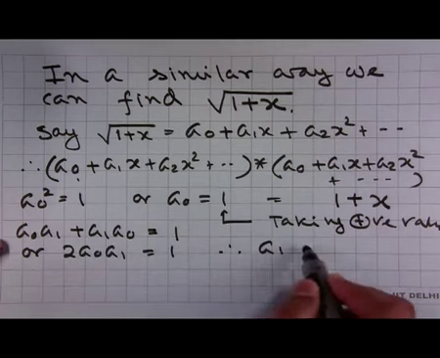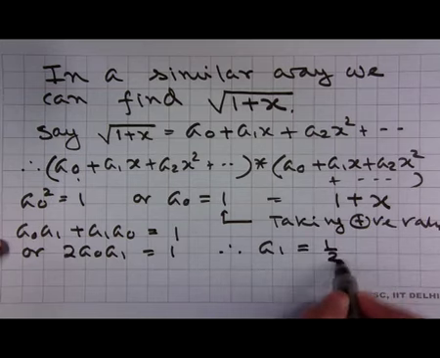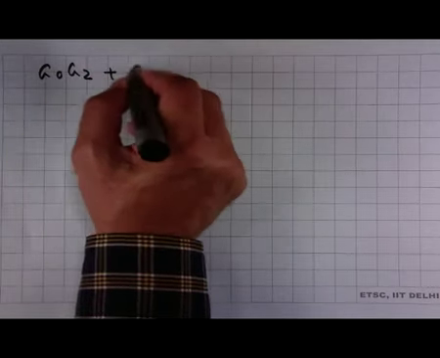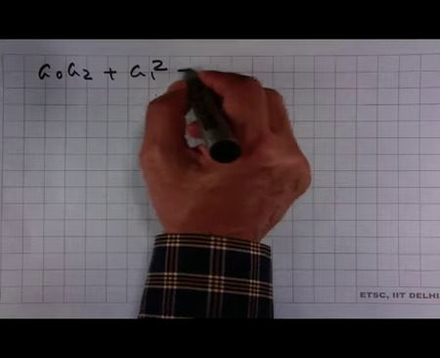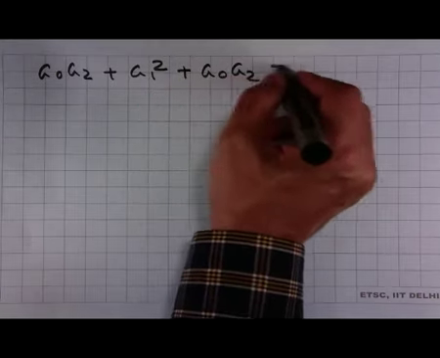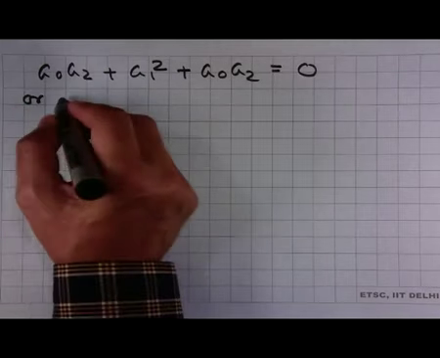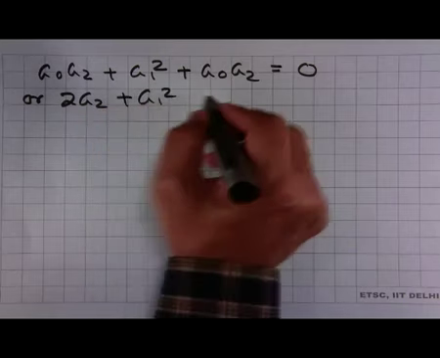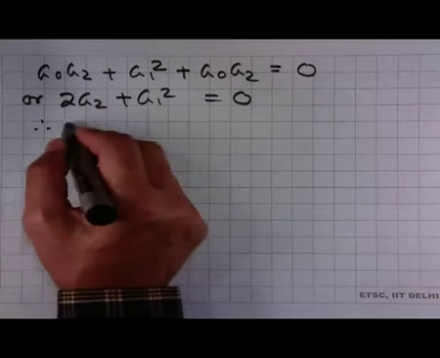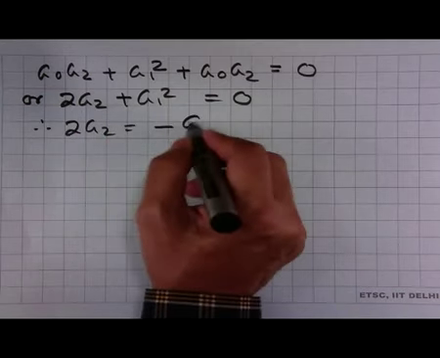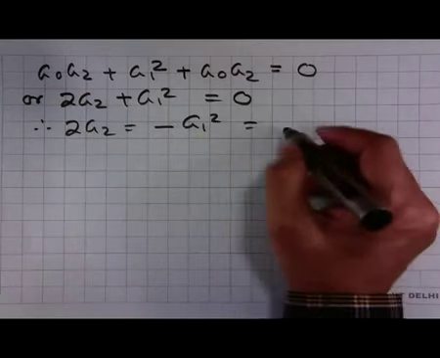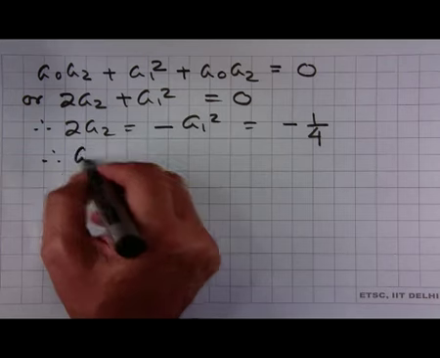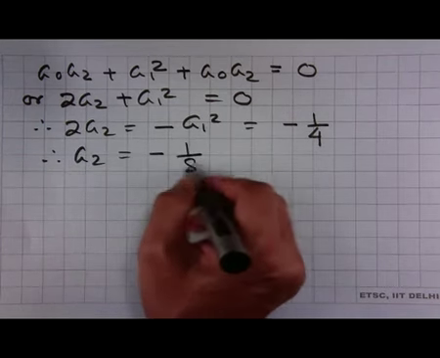Therefore, a1 is equal to half. a0 a2 plus a1 square plus a0 a2 is equal to 0, or 2 a2 plus a1 square is equal to 0. Therefore, 2 a2 is equal to minus a1 square, which is minus 1 by 4. Therefore, a2 is equal to minus 1 by 8.